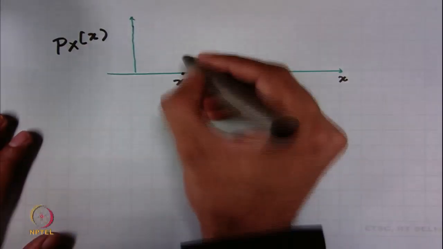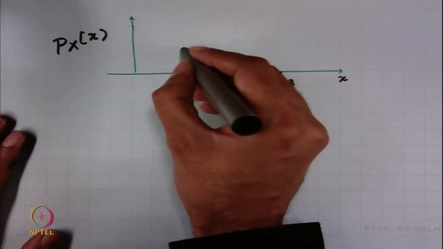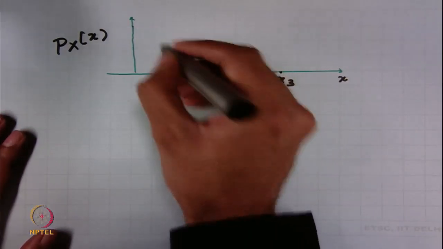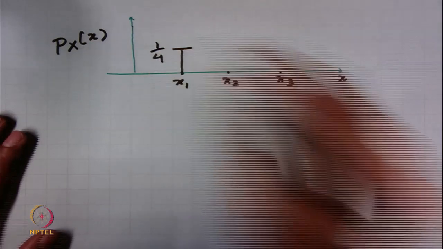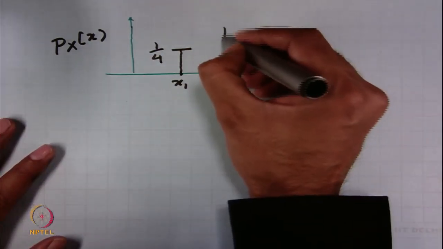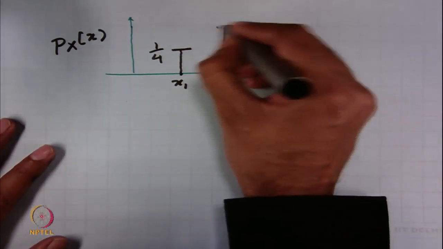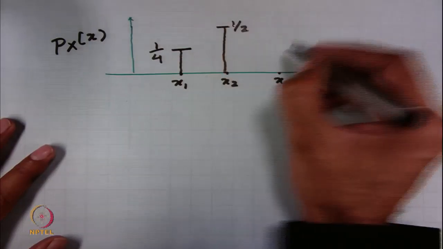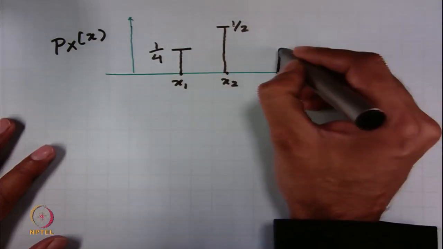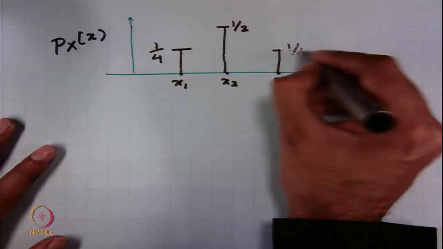Let us assume that the probability that x1 happens is 1 by 4, the probability that x2 happens is half, and the probability that x3 happens is again 1 by 4.